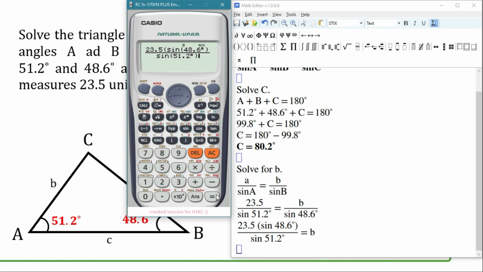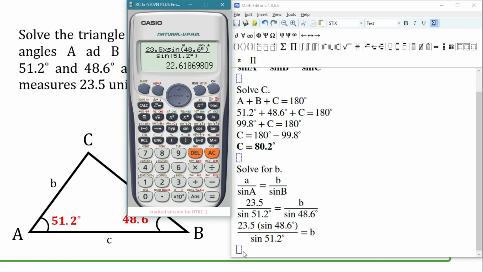Alright. So pwede na po natin siyang idiretso. And that will yield, okay, there you go. Okay, again, that is 23.5 multiplied by the sine of 48.6 degrees over the sine of 51.2 degrees.